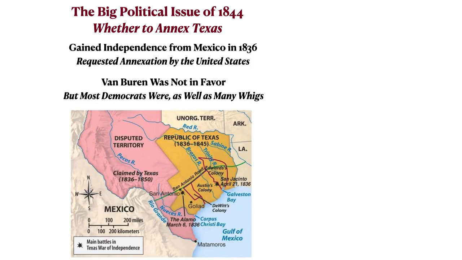In the next presidential election year, 1844, the big issue is whether to annex Texas. As I had mentioned before, Martin Van Buren had not been in favor. Most Democrats were, and many Whigs were as well.